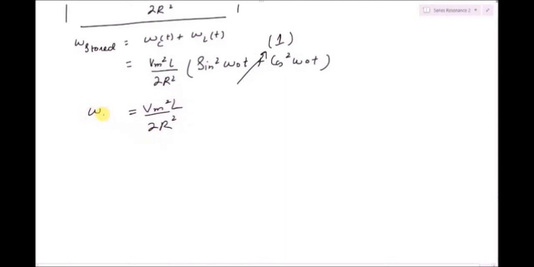So that is the total energy stored in your RLC circuit, which is a constant value.